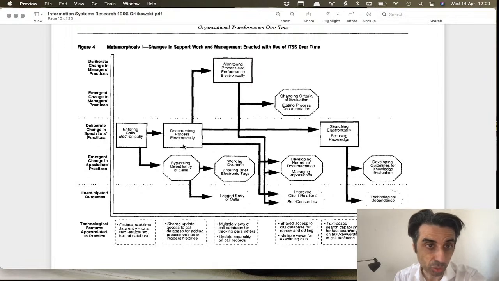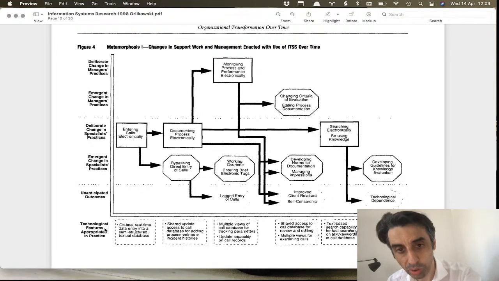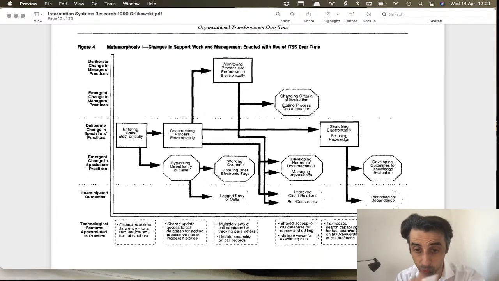And she wants to talk about deliberate and emergent change, managers and employees' practices, and then unanticipated outcomes and technological features. And she wants to do this in a timeline, so as time goes by.